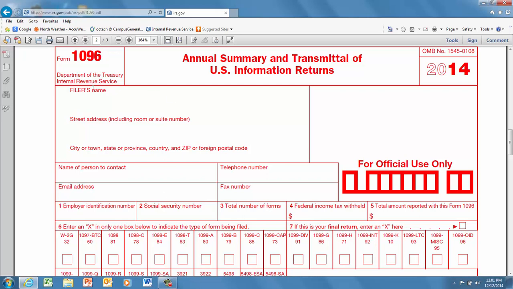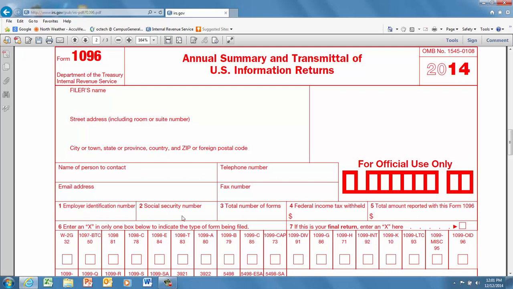And here you're going to put the filer's name, that's us, our name and address, the employer or person. Okay, name of a person to contact, so that can be yourself if you're head of the payroll, or whoever is filling out these 1099s, and a phone number, an email address, and a fax number if there's one available for our company.